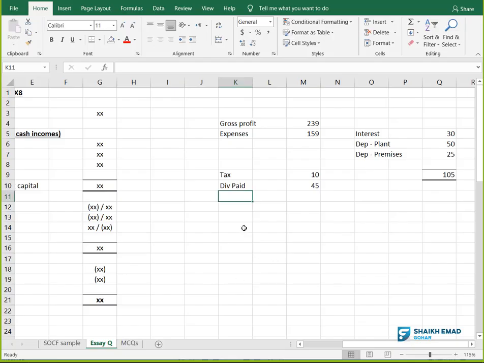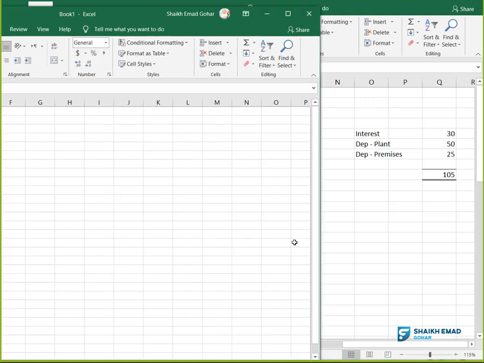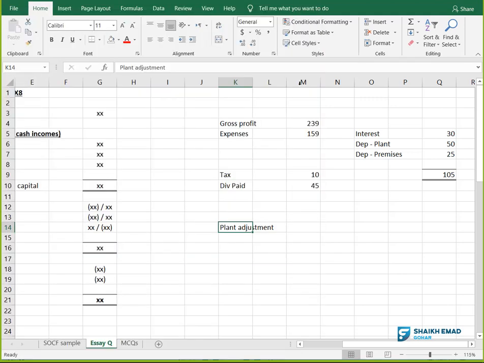So we can say the plant story here, plant adjustment. So there is a plant. For plant, there is some cost, there is some accumulated depreciation, there is some net book value. Then you got some proceeds, right?